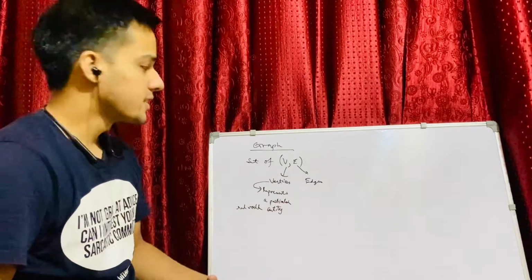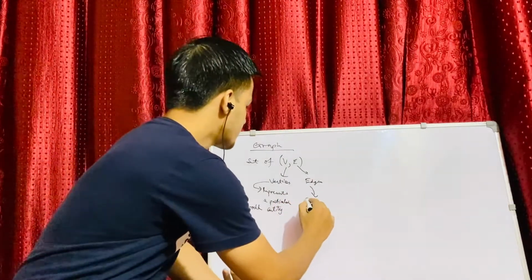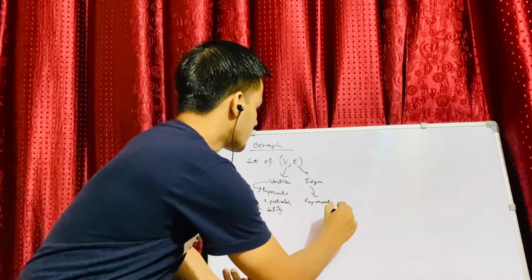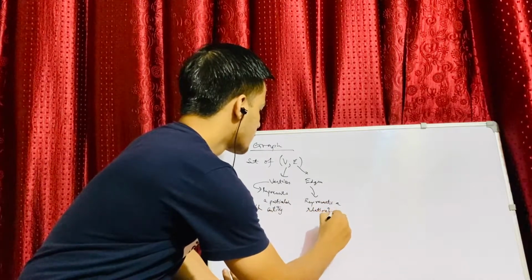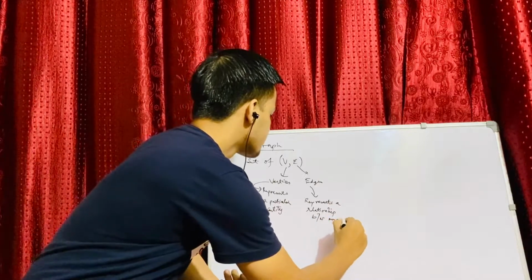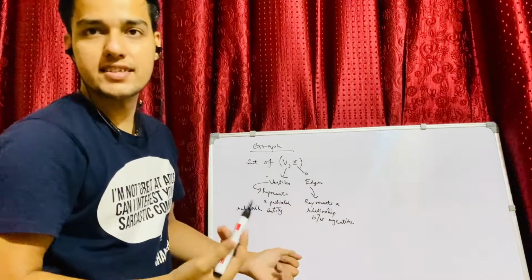And these edges represent a relationship between my entities or my vertices.